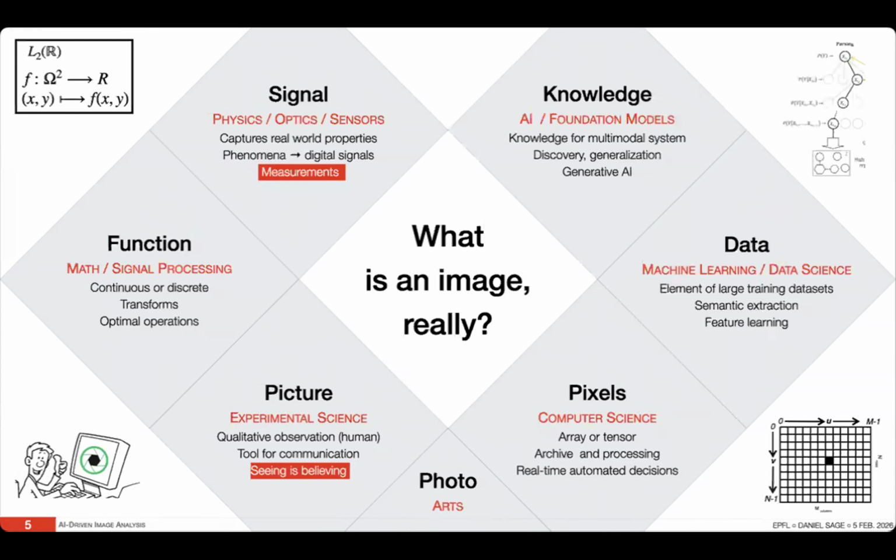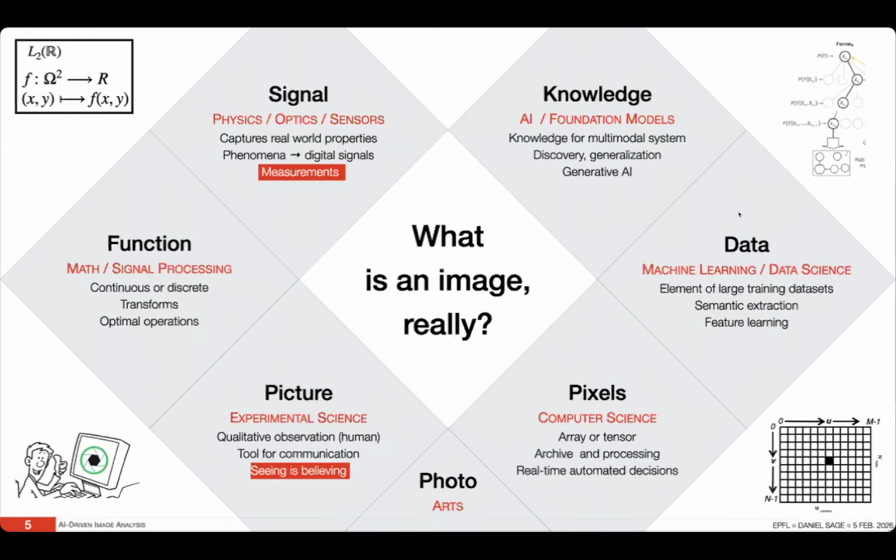And in the AI world, you can see the image as a piece of data, like a text, or a piece of knowledge. Like a text can represent some knowledge, an image can have some knowledge. And the goal is to make some discovery from this knowledge.